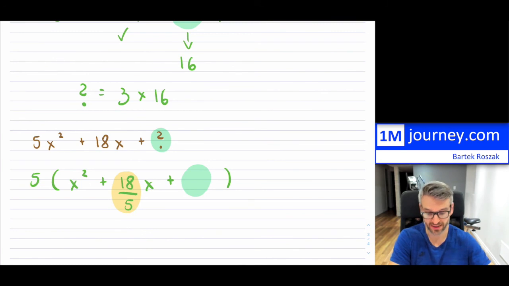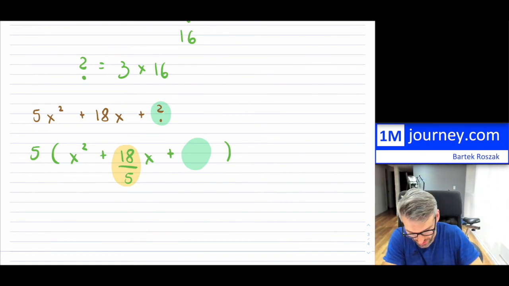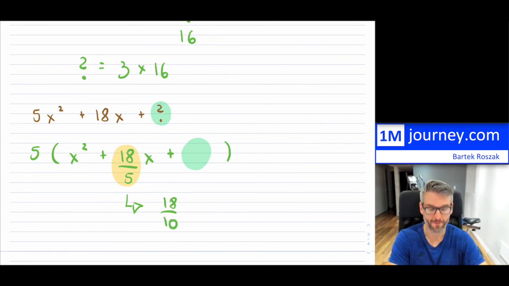So how we find it is, well, we take this, what I just highlighted in orange, and we're going to divide it by 2, which is 18, okay, 18 over 5 divided by 2. And if you divide that by 2, actually it's going to be then 18 over 10. That's what you will have. So that's going to be 18 over 10, okay, if we're going to be dividing this by 2.